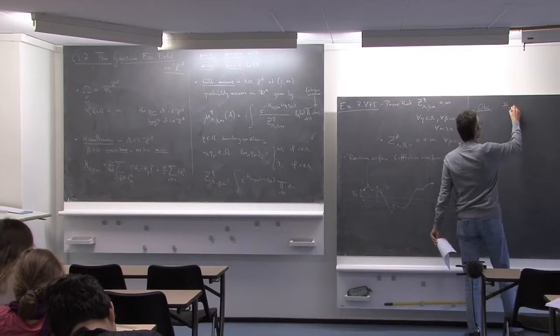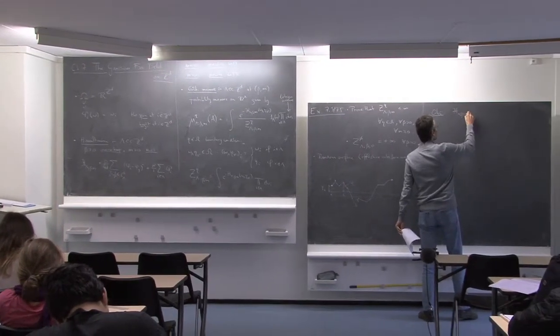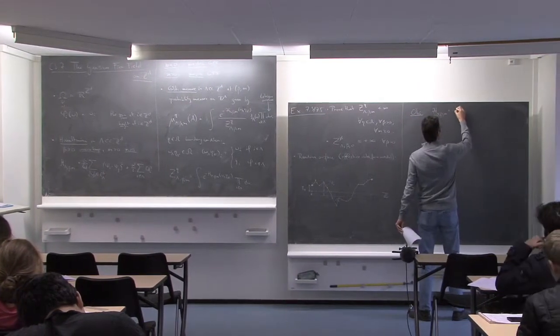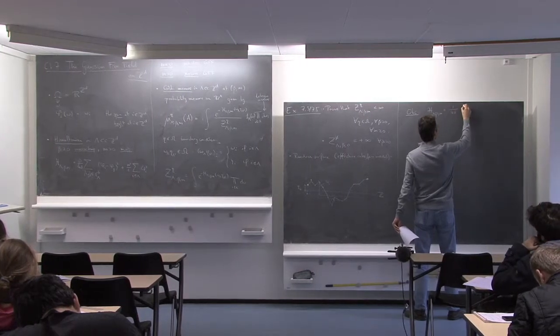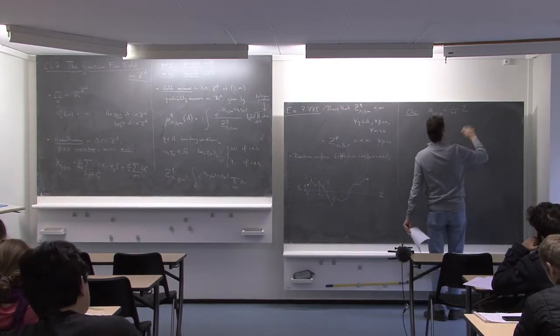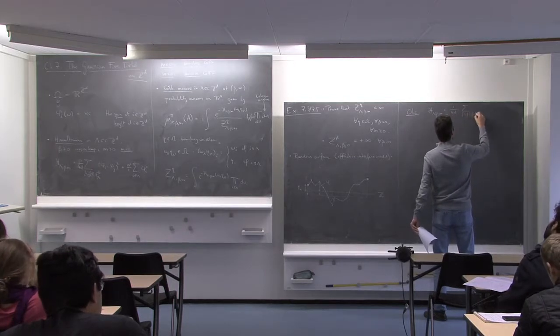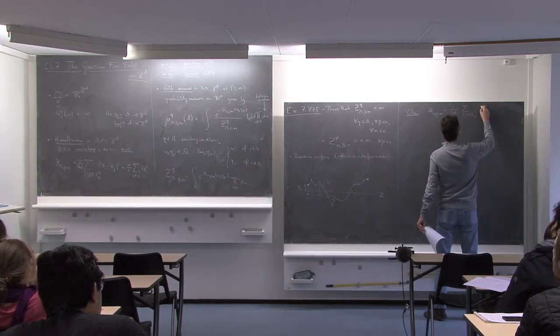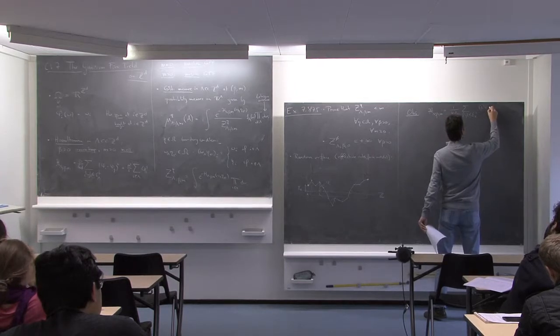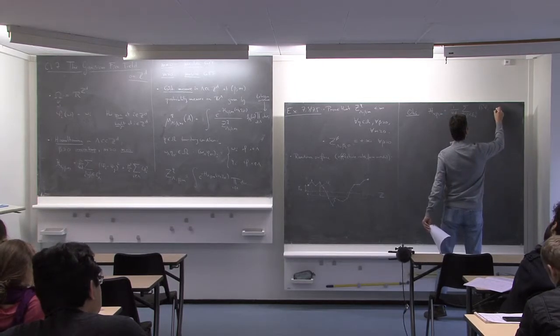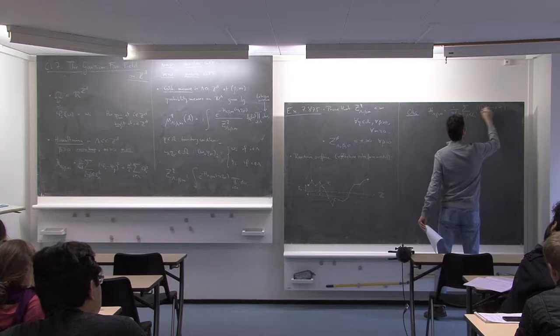Let's say this 1 over 4d, keep it here. But then I have the sum over all ij, and then I can put square root beta phi I minus square root beta phi j, squared.